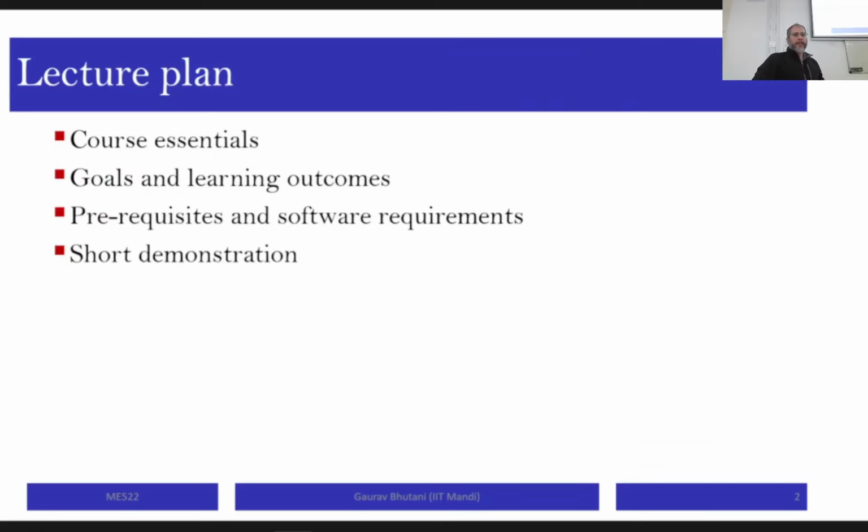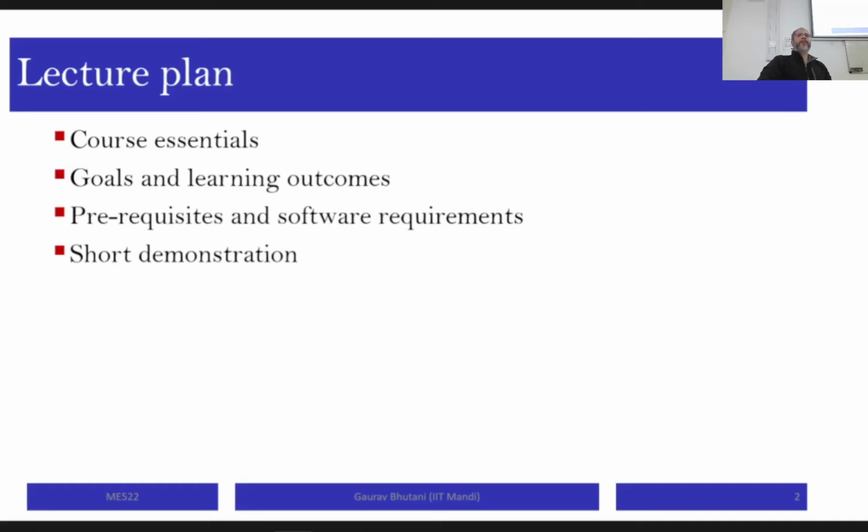So today we'll be talking about some course essentials. I'll be talking about the learning outcomes of this course so that you know if this course is a suitable course for you. We'll be talking about prerequisites. That's very important because you should definitely have those. Otherwise, you will feel lost very quickly. Then software requirements.